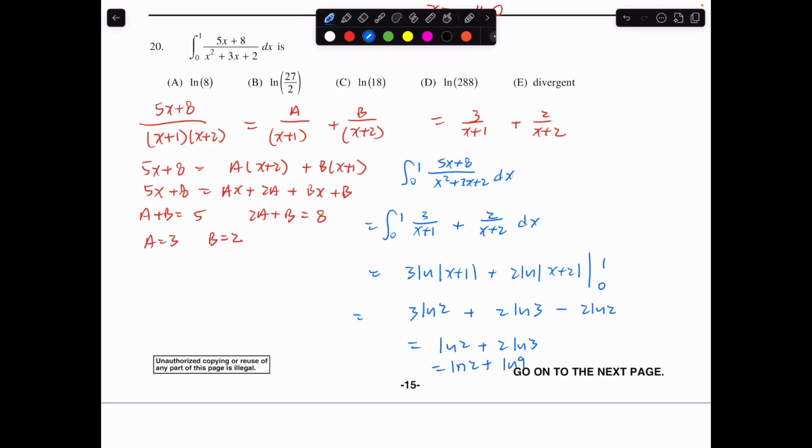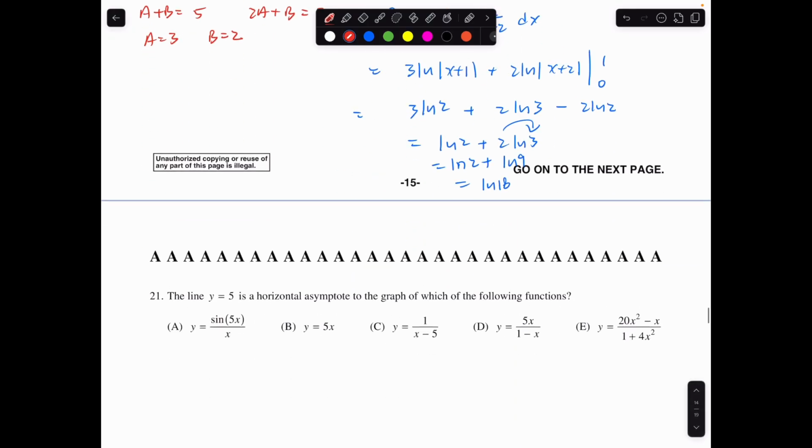Sorry, this will be 9, because I brought the power up, I don't know why I wrote 8. And then I can multiply whatever's inside, log rule, so this is ln of 18, so for 20 the answer is C. All right, it's a tough one. It's a lot of work. Partial fraction is a lot of work.